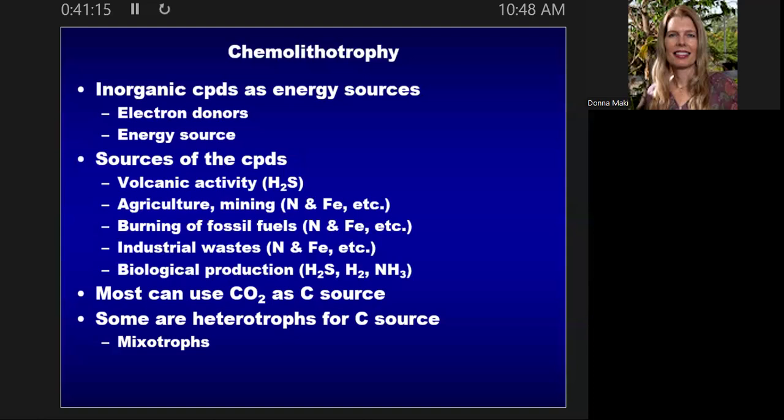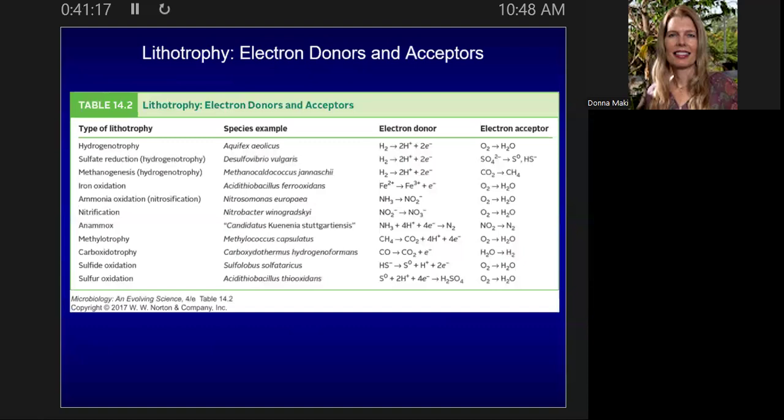So what are some examples? Here are some examples. And again, I'm not asking you to memorize this, but if you can provide an example. If I say to you on the upcoming exam in a couple of weeks, what's an idea of lithotrophy? You could say any of this and it would be fine. The top line, hydrogenotrophy: basically they're using hydrogen gas, H2.